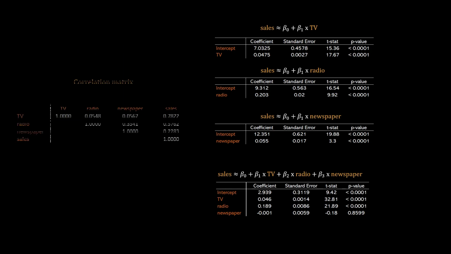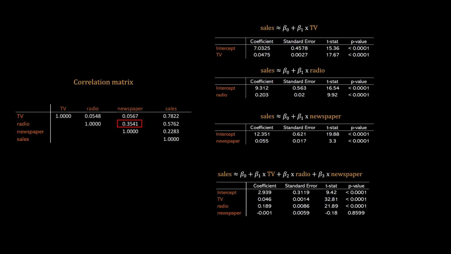Note that newspaper has sizable correlation with radio, and that's 0.35. This may be because in the data they have spent more on newspaper wherever they have spent more on radio.